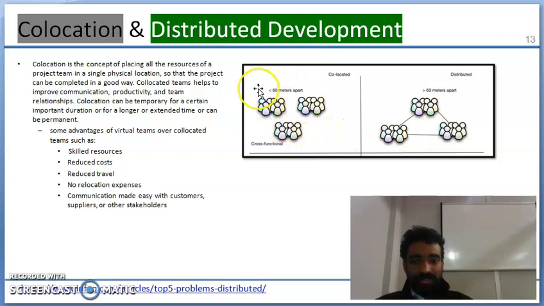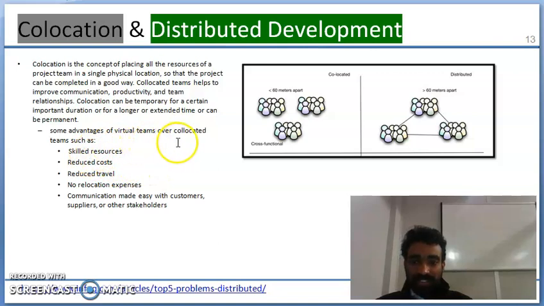Previously, they used the collocation approach, wherein most of the employees are in a single location, thinking that it would improve coordination. But now, with technological improvement, at each and every point they come onto a single platform to discuss the project issues.